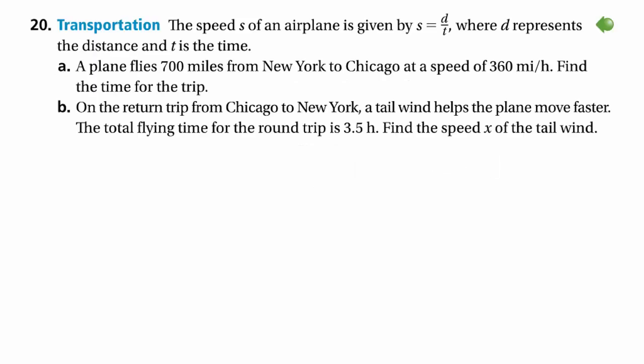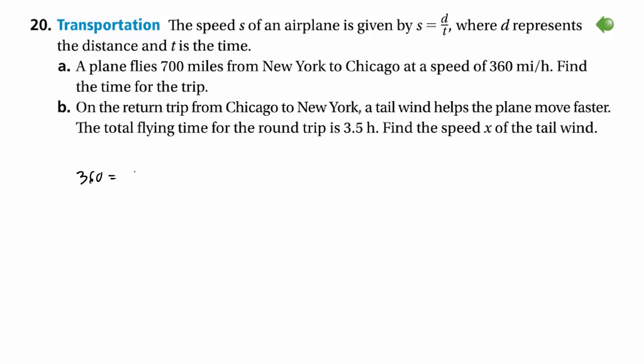Here's one where we put that more to use, and we worked this one in class, but this is just a review. We want to see how long it takes for the plane to fly 700 miles if it's going 360 miles per hour. And the idea is since your speed is equal to distance over time, your speed is going to be 360.